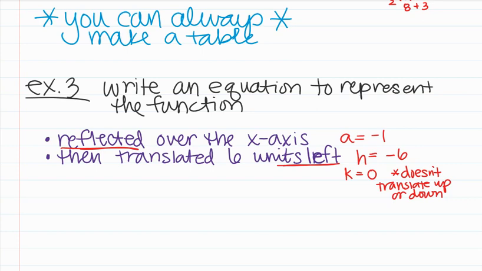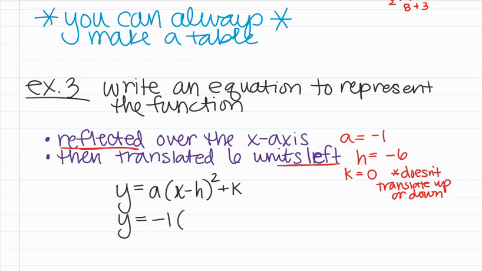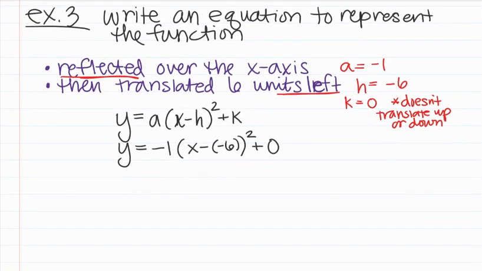So now all we have to do is take our general format and substitute our information. So I get y equals -1 times (x minus h) squared plus k. Now you might be able to organize that in your head and deal with the minus negative situation.